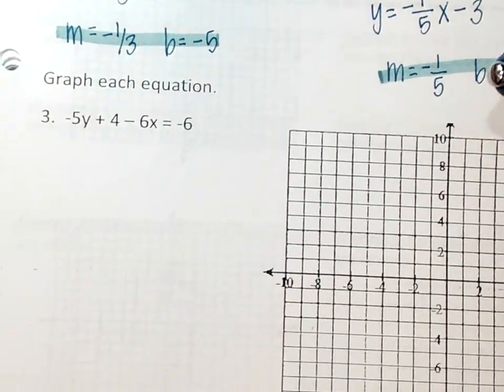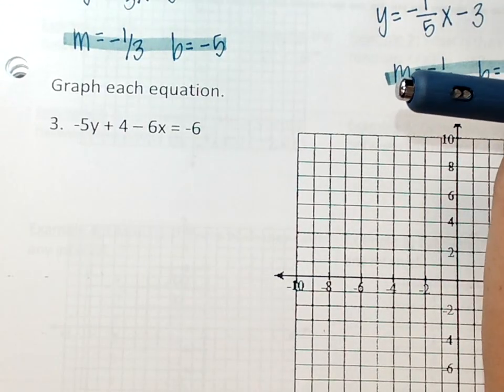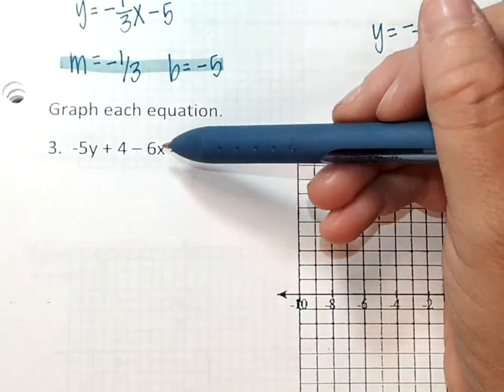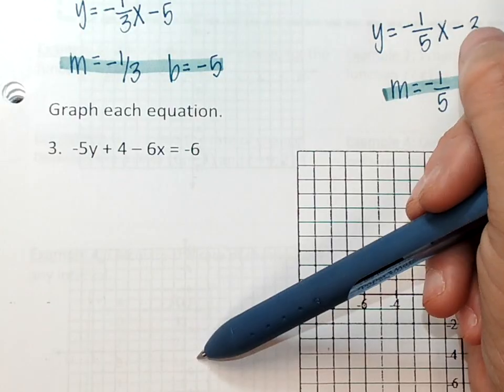So we are going to first put them in slope-intercept form, and then we're going to graph them. Okay? So I want you to take a second, and I want you to see if you can put this in slope-intercept form.